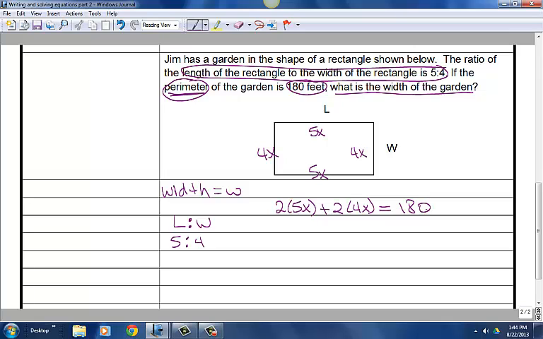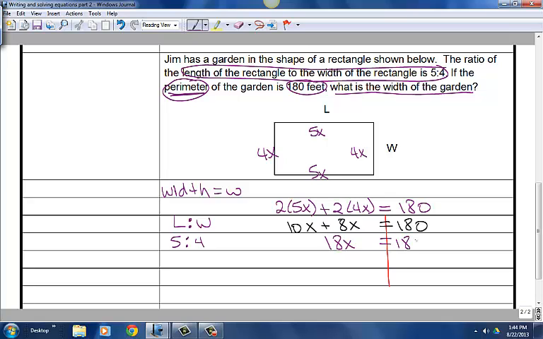Now this is no problem. I know how to solve this. First, I can go through and do the math that I was told to do. So 2 times 5x leaves me with 10x. 2 times 4x leaves me with 8x. There's no math to do over here, so I just bring everything down. I notice that 10x and 8x are like terms, so I'm going to combine them. 10x plus 8x is 18x.